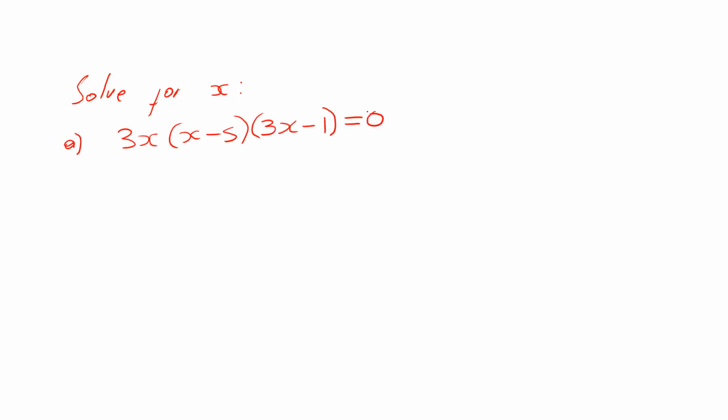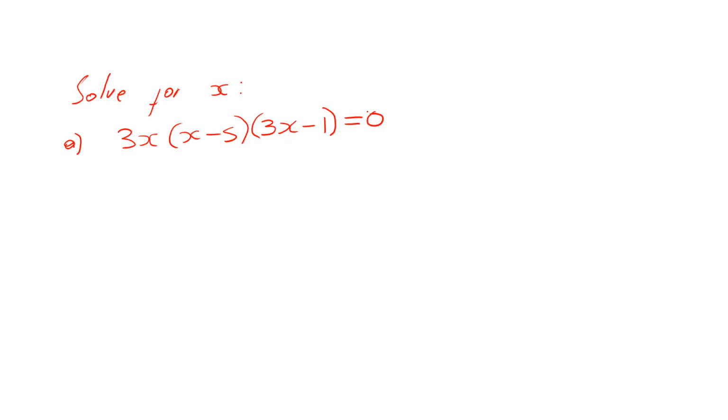Please note that here you are given 3 vectors. The first vector is 3x. The second vector is x minus 5. And the third vector is 3x minus 1. And all these vectors are equal to 0.